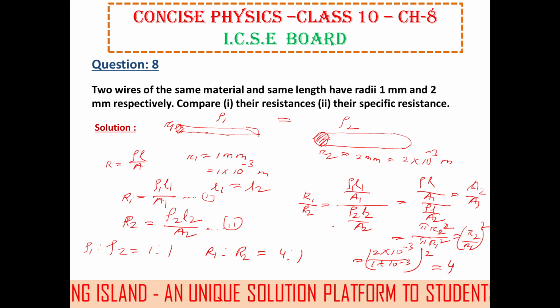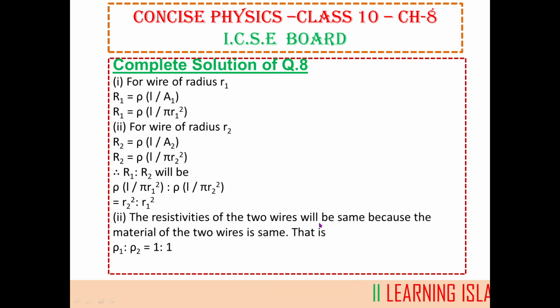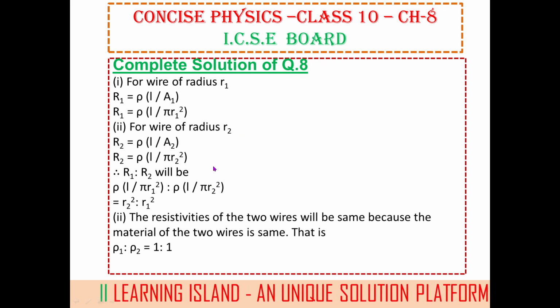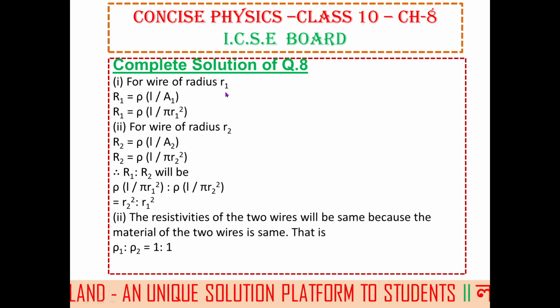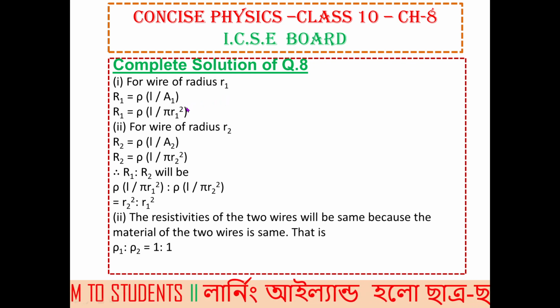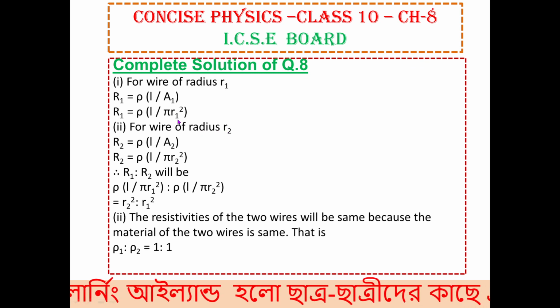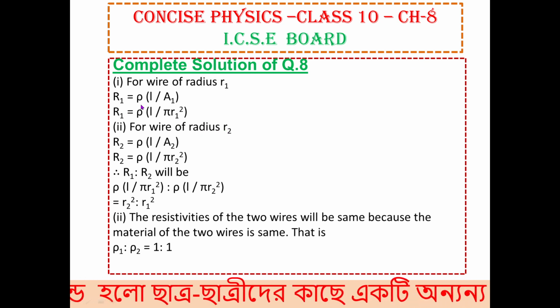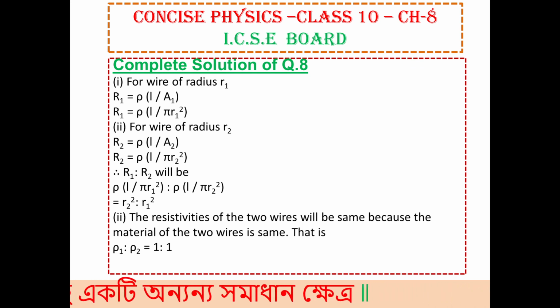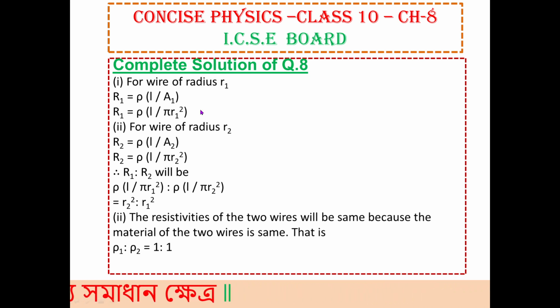So now go to the final solutions. This is the final solution. Here I have already mentioned the radius is R1 for one conductor and R2 for the second conductor, and rho is the resistivity. Here rho is the same for both the conductors. L also same for both conductors.